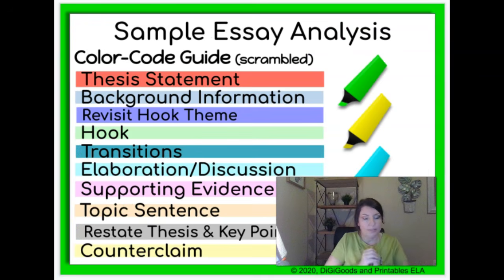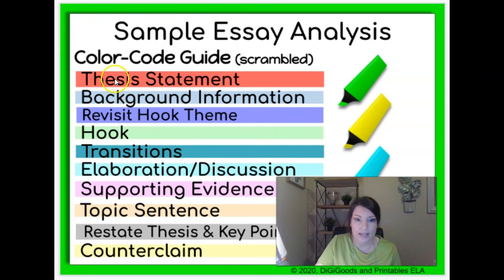Now that you understand the basic structure of an argumentative essay, let's take a look at the color coding guide that you're going to be using to do this activity. So you will have transparent text boxes of different colors that you will drag over top of the sample argumentative essay to show that you can identify that part.